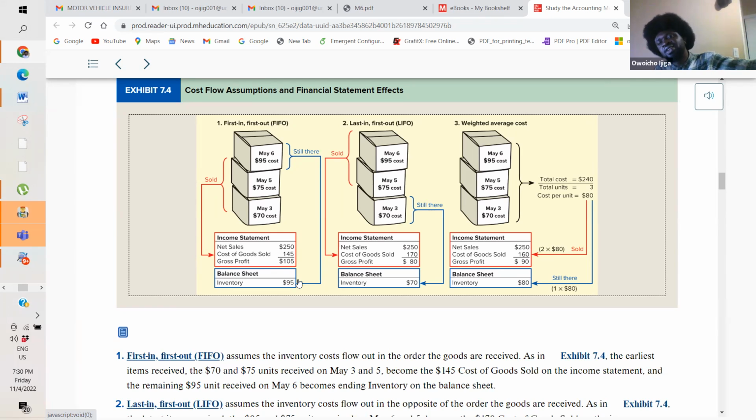Is that understood? Then last in, first out is the goods that I buy last will be the ones to leave first. As simple as that.